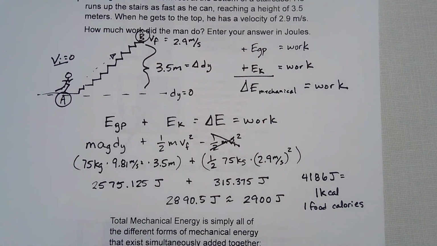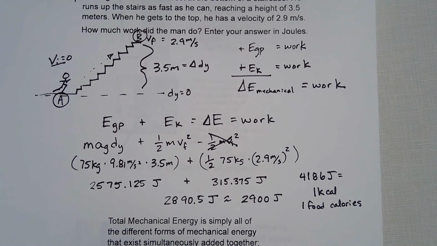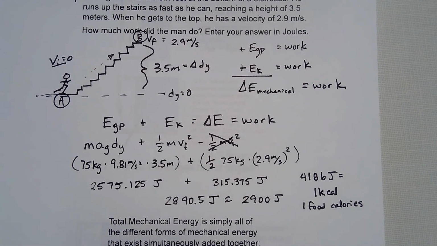So your average Snickers bar might be 200-300 calories. You'd have to do this 300 times to burn off about 225 calories. So that's why it takes so much exercise to counteract eating a little bit more food than your body needs to maintain its equilibrium.